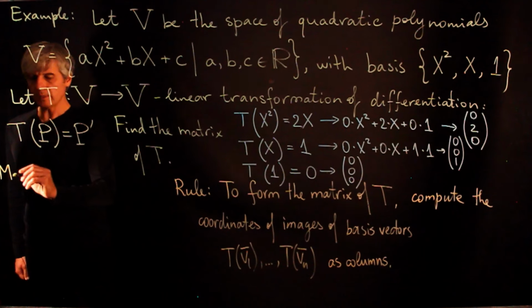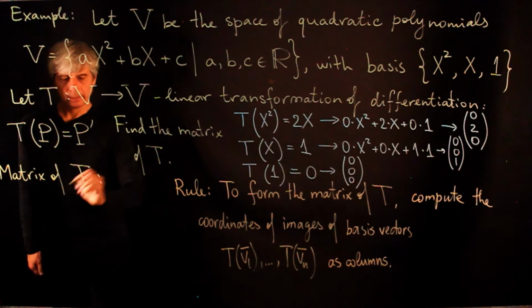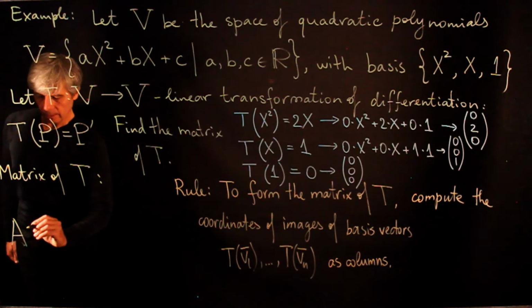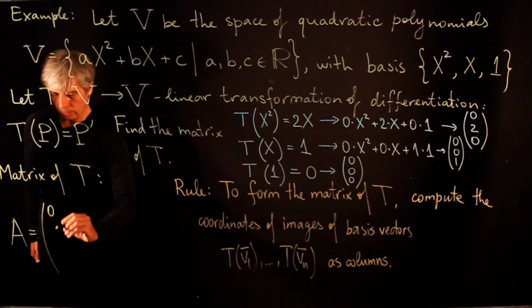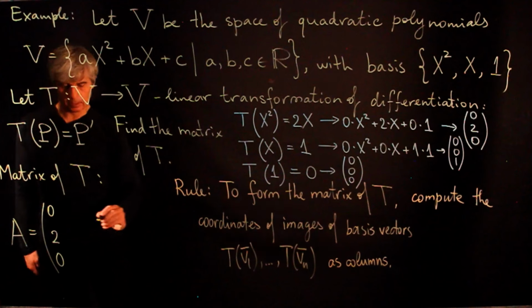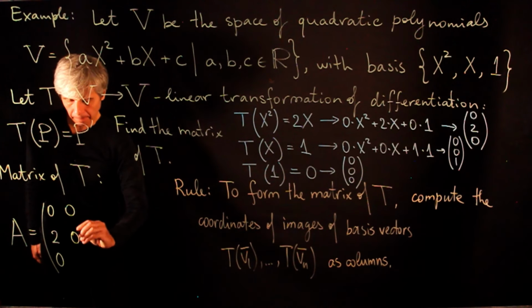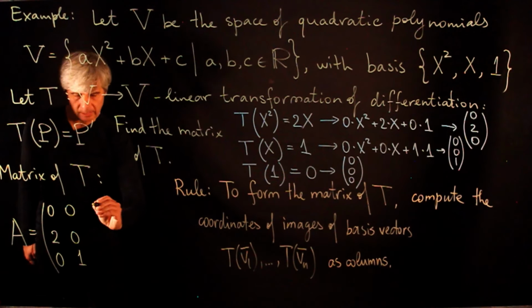So the matrix of T is A, where the first column is 0, 2, 0. The second column is 0, 0, 1. And the third column is 0, 0, 0.